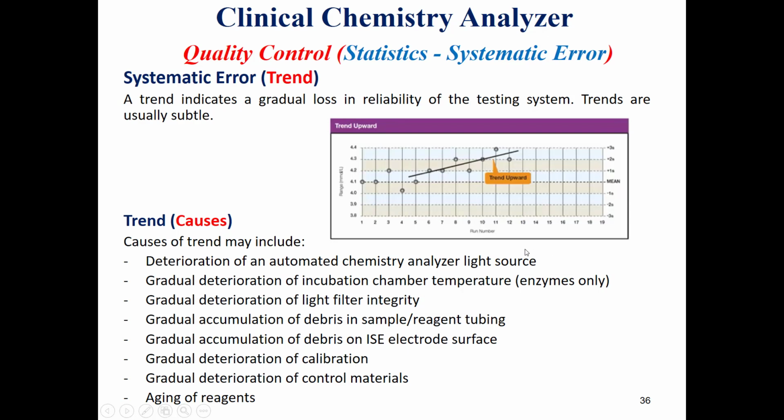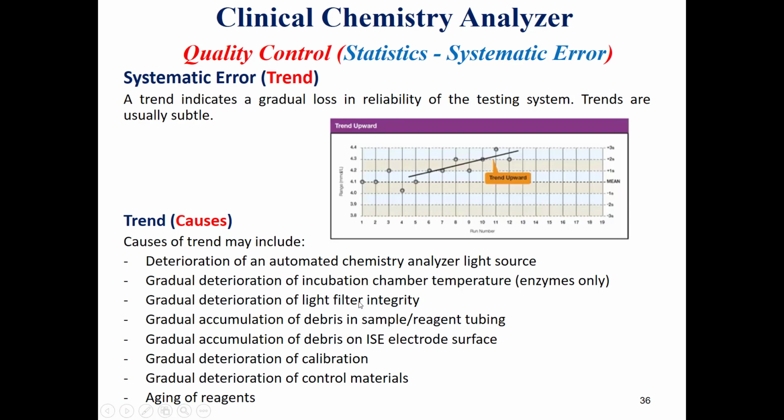One possible cause would be the deterioration of the halogen lamp. Another reason would be a change of the temperature inside the incubation chambers for the cuvettes or reaction cells. This is especially relevant in the case of enzymes.